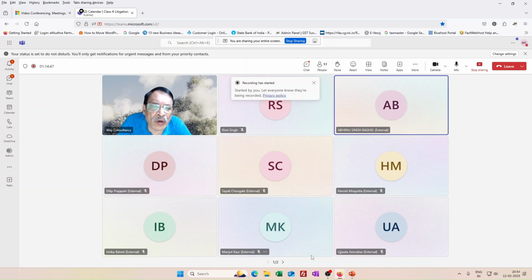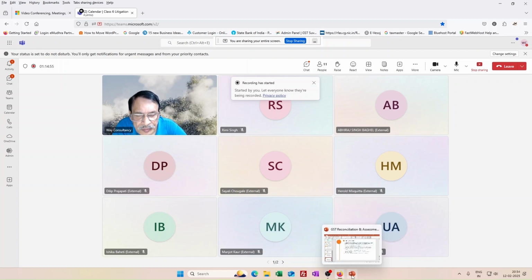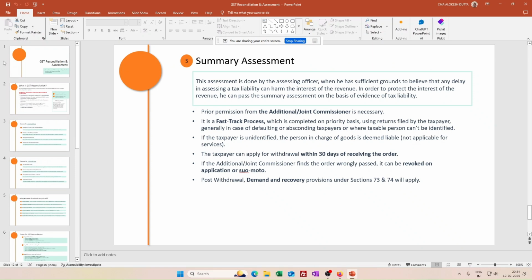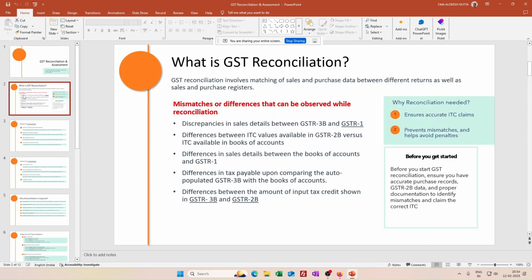What is to be explained? Slide number 1, sir. Once again you explain. Yes, sir. This mismatch difference. What are the reasons for discrepancies in sales details between GSTR 3B and GSTR 1?